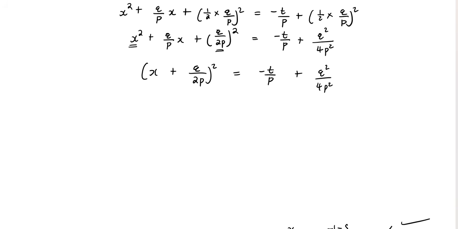Now, how can we make this term have the denominator 4p squared? I'll multiply the top and the bottom by 4p over 4p. Then I'll have x plus q over 2p squared is equal to negative 4pt over 4p squared plus q squared over 4p squared.